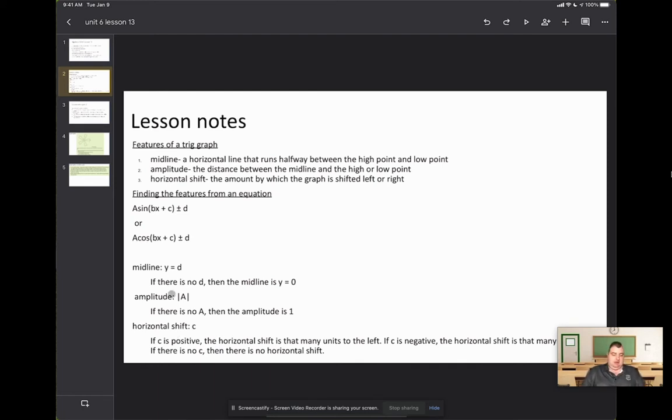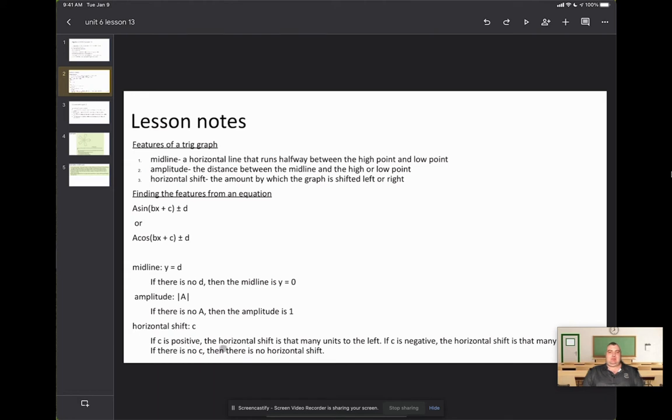And then the shift, that's going to be the number that we add inside the parentheses. You might remember from Unit 5, when we do horizontal shifts, it goes by the opposite. So if the C value here is positive, positive would normally mean a shift to the right, but the opposite would be left.